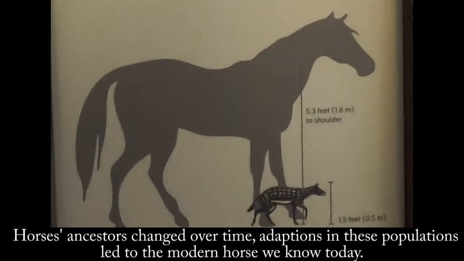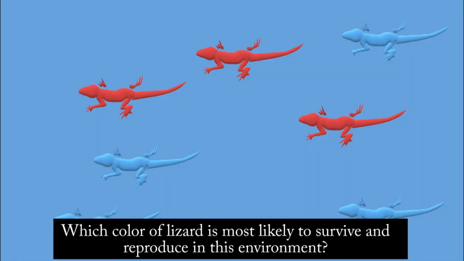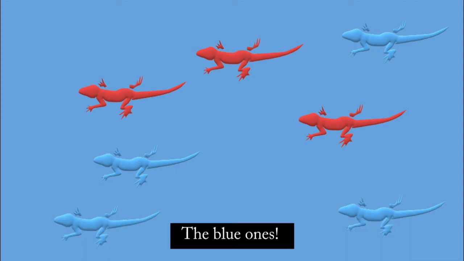Horses' ancestors changed over time. Adaptations in these populations led to the modern horse we know today. Which color of lizard is most likely to survive and reproduce in this environment? The blue ones.